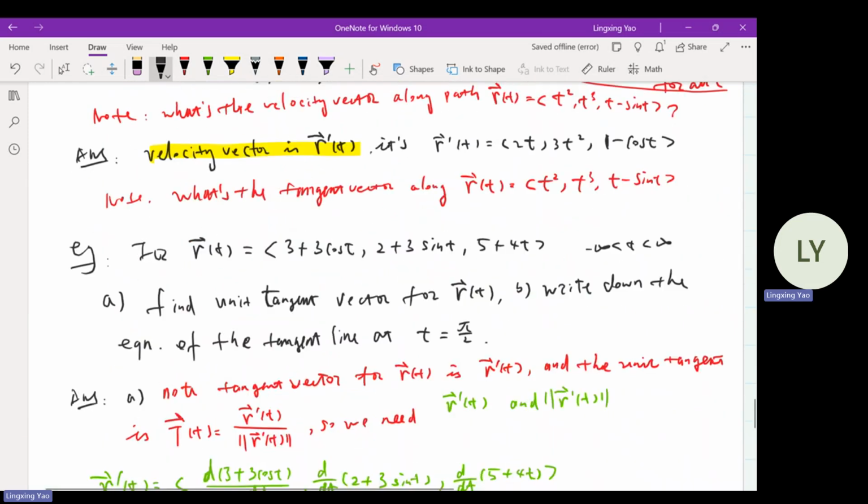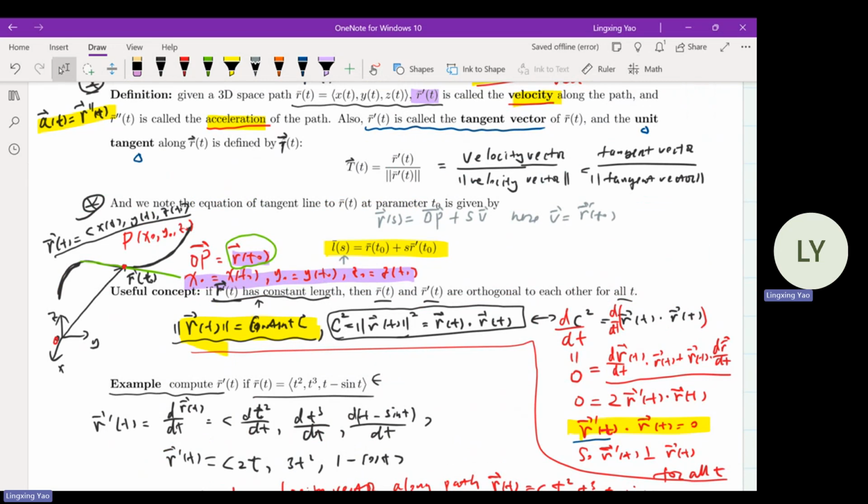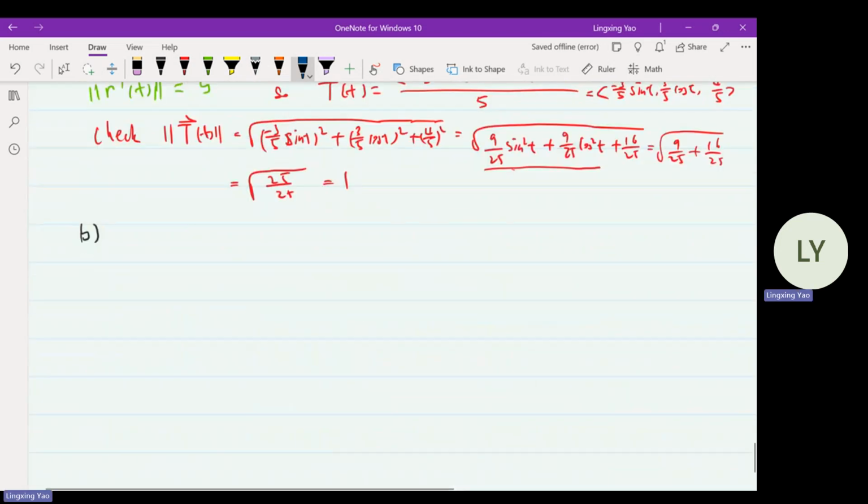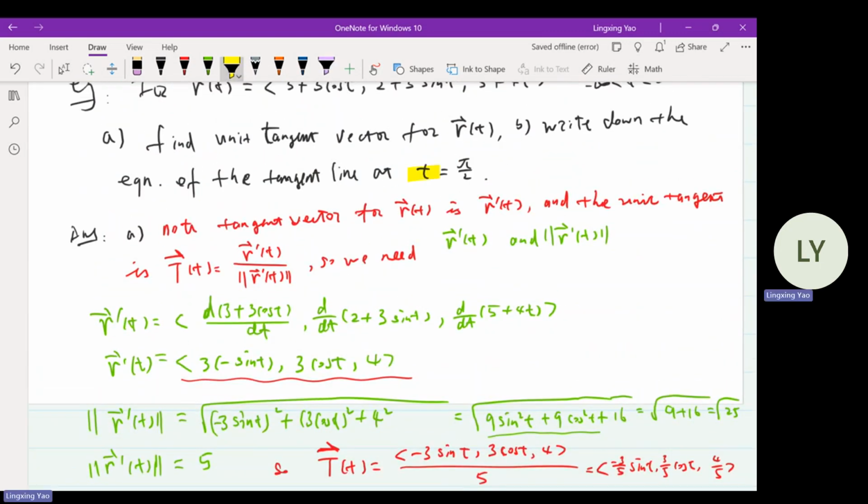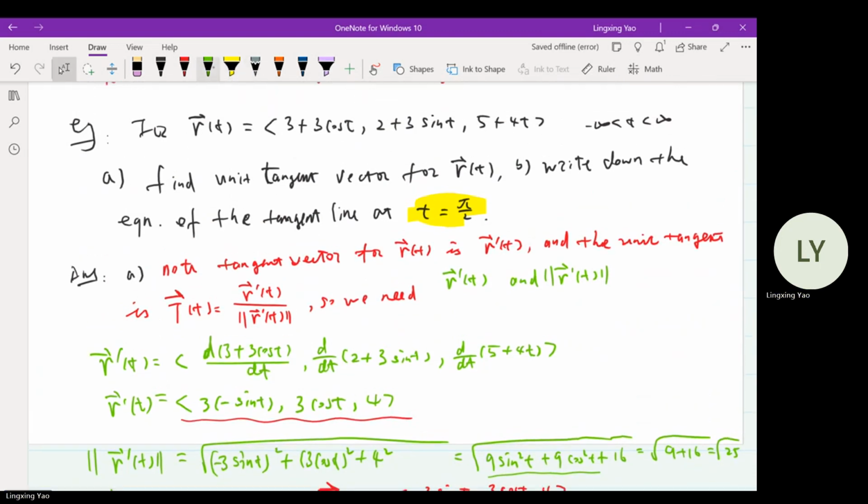But the second part is something that we have to think about a little bit. Remember, in our discussion before, we have the equation for the tangent line, right? So the key is to find this vector and this vector at a specific t naught. So three pieces of information: the t naught value, and r and r prime at this t naught. Given this question, we know t naught is pi over 2, so we just need to provide r at this t naught and r prime of t naught, which we computed here.